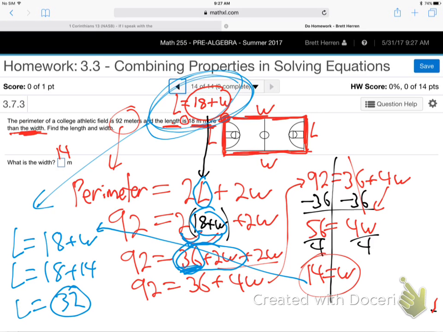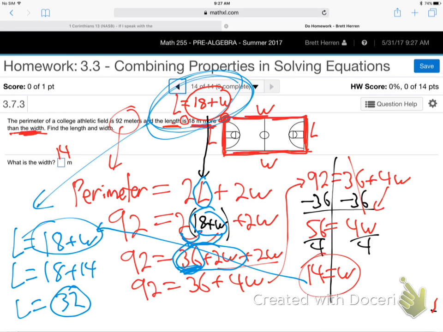Well, 36 plus 2W would be twice the length. So half the length is 2 bracket 18 plus W. Oh, sorry, the length itself is, like you wrote out, 18 plus W. The length is 18 plus W, which is what we did over here. Yep. That's right. Good. Yeah, that's a hard one.